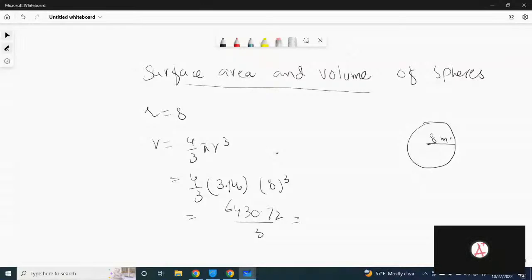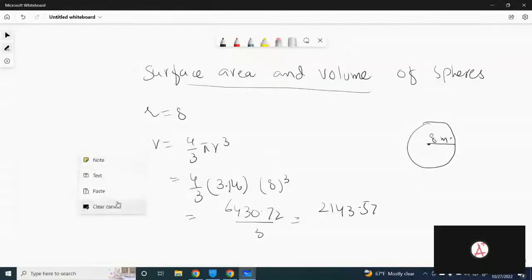So it would be 2143.57. Got it? That would be the volume of the sphere.